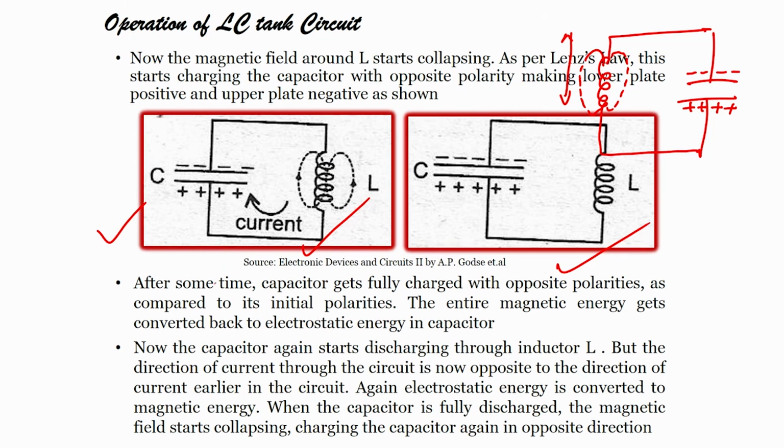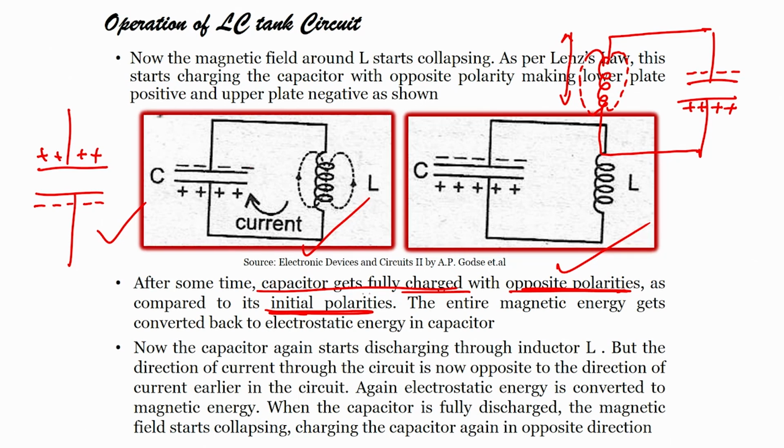So, after some time the capacitor fully gets charged with opposite polarities as compared to the initial polarities. Initial polarities were that this capacitor had positive polarity like this on the upper plate, and the lower plate was negative. In this case it is reverse.